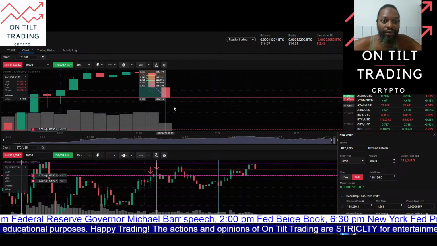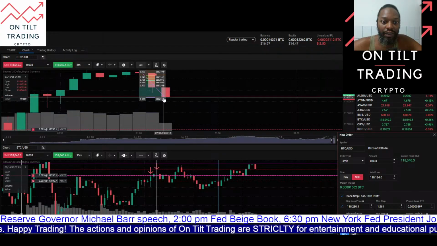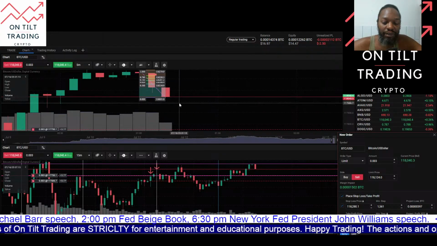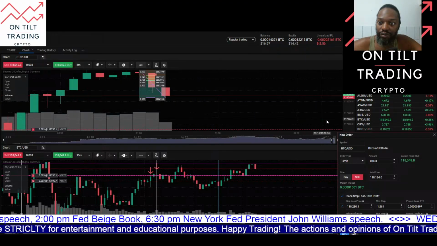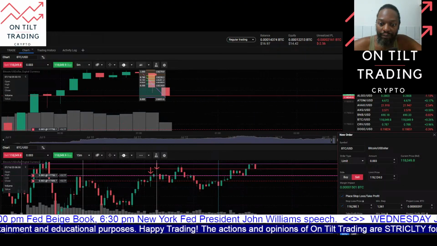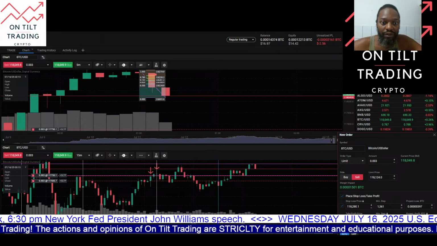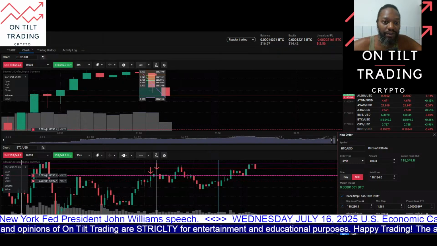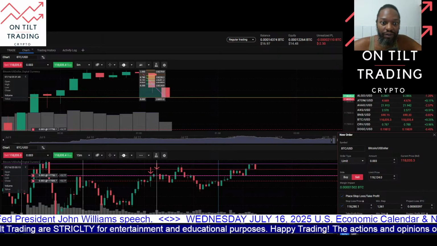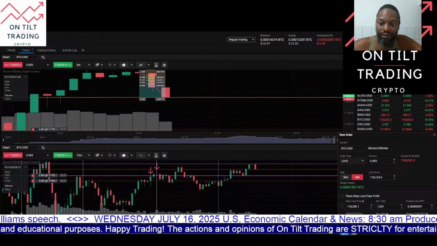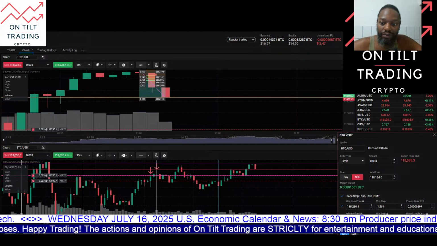So right now, just wanting to get the range of the fair value gap series of candles here to calculate a measured move of 175% of the fair value gap candle series range. 118,279.9.